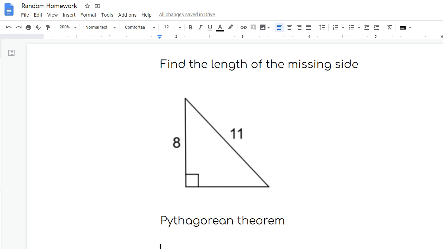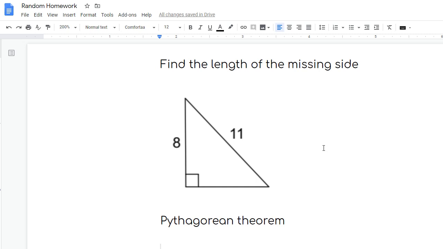I will go over how to use the insert equation menu so that you can enter equations. I am going to show you how to enter equations by doing an example here with a right triangle, which means that this involves the Pythagorean theorem, for which we need to use squares and the radical symbol to find the square roots.